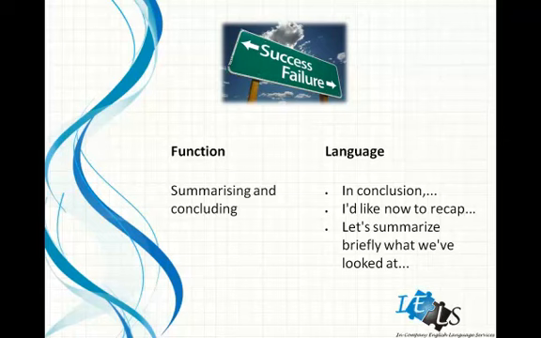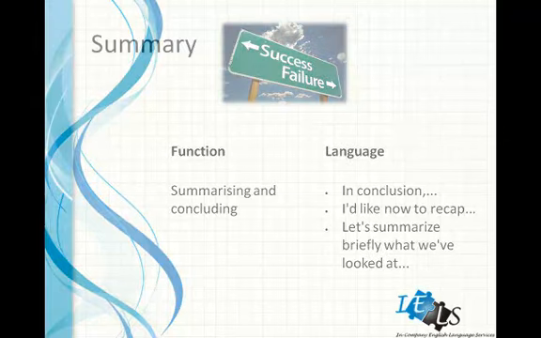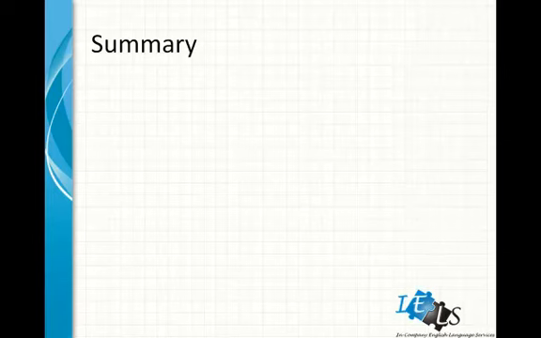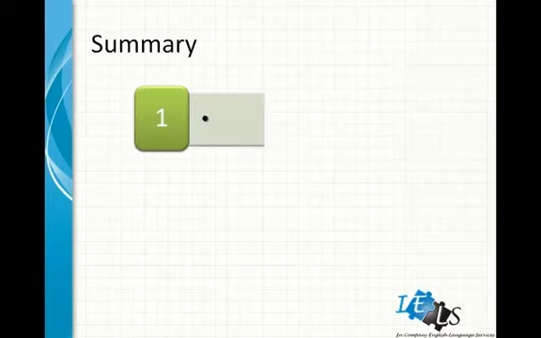Alright? Okay, so let me start summing up what we did. In summary, there are three things you want to consider. Number one, and this is A in the ABCs of presentation, is what is your objective? Prepare for your presentation.